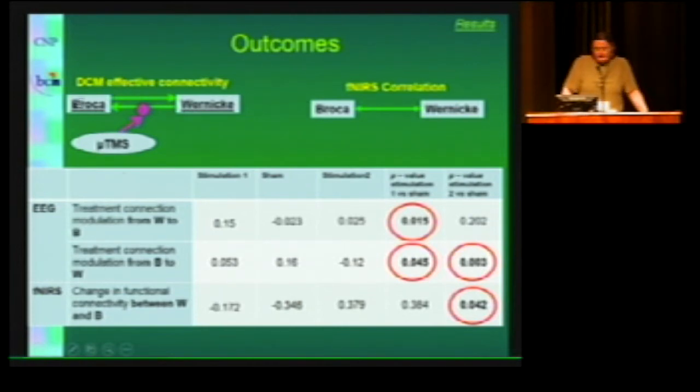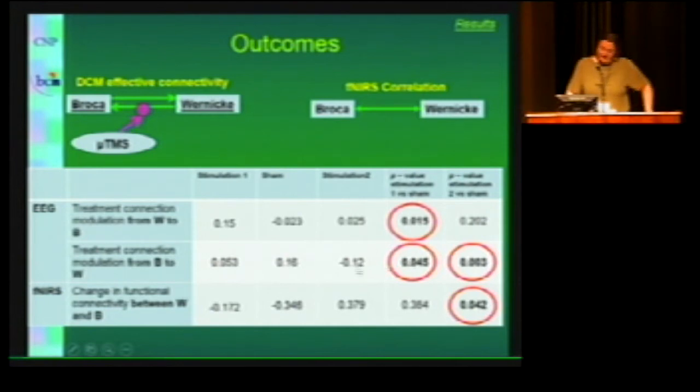And from Broca to Wernicke, this connectivity didn't decrease in sham. It also didn't decrease in stimulation 1, and it did decrease in stimulation 2. So synchronous stimulation of 2 regions, and that was significant. And the other one was slightly, so the stimulation 1 slightly decreased this, compared to sham.